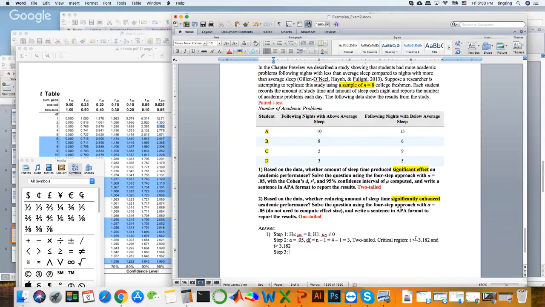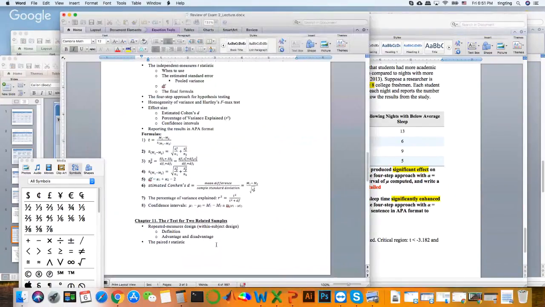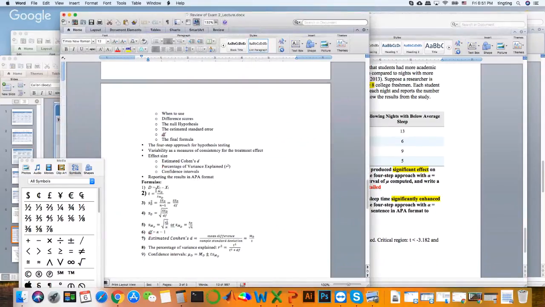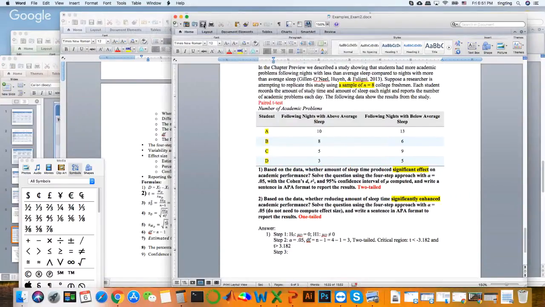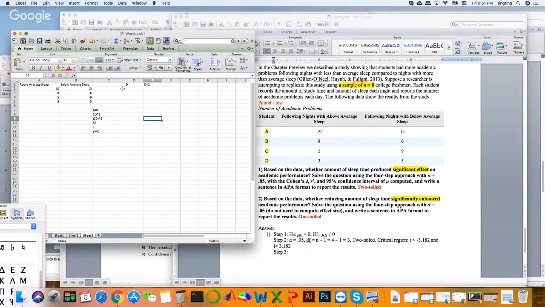And then step 3, let's do the computation. For the paired t-test, we need to compute the difference score first. Okay, here I have all the scores typed in.